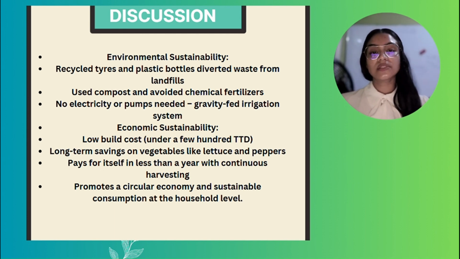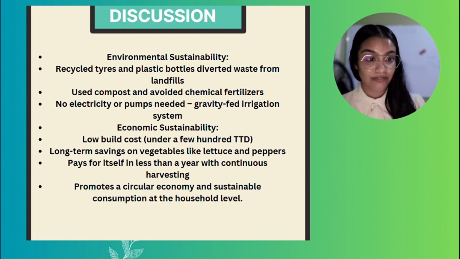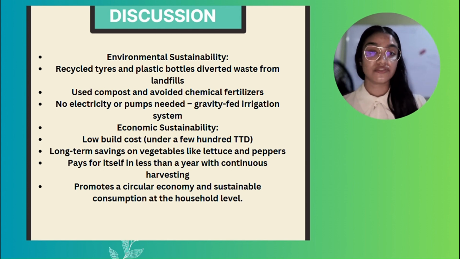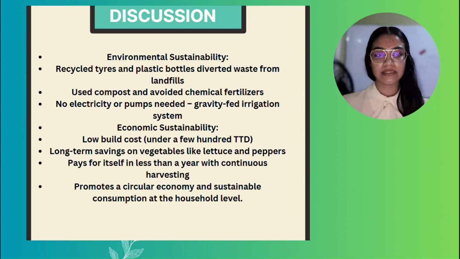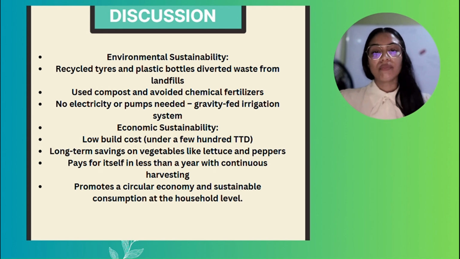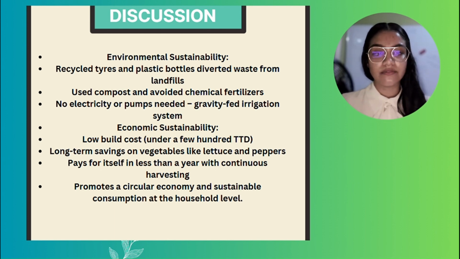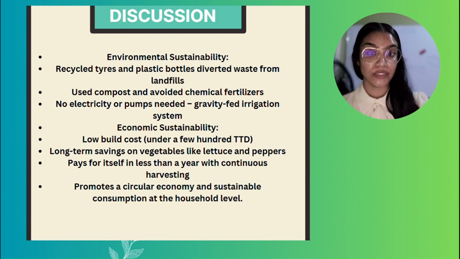We also use compost enriched soil, which helped us avoid synthetic fertilizers and reduce chemical runoff. And by watering plants slowly through the drip system, we minimize water waste and ensure that the plants receive just the right amount of moisture.